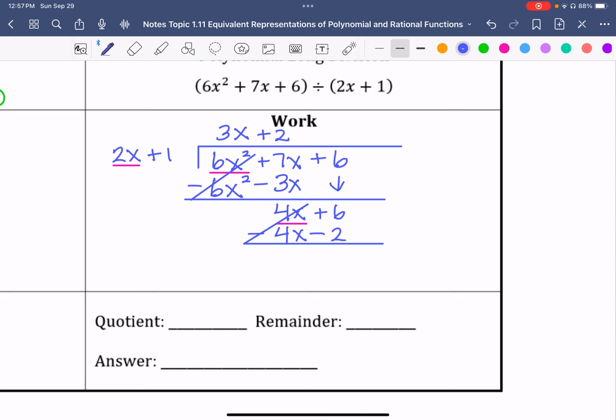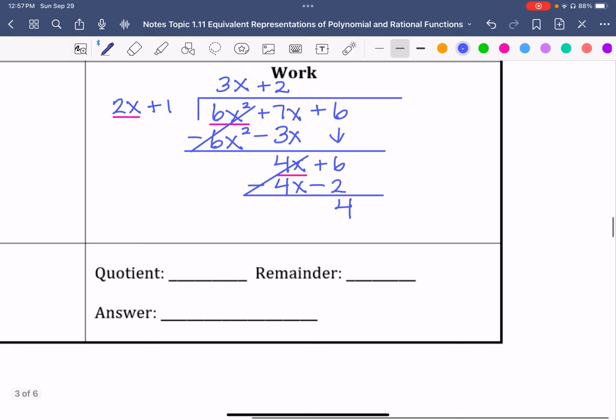These two equal 0, and 6 minus 2 equals 4. Okay, so the quotient is 3x plus 2. The remainder was 4, and the answer would be 3x plus 2 plus 4 divided by the original denominator, which was 2x plus 1.